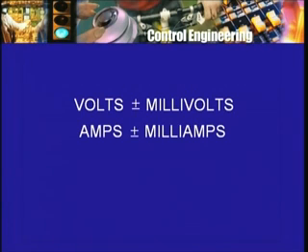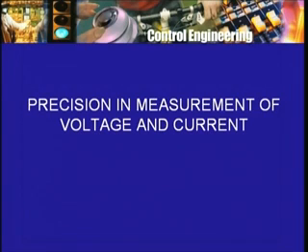So you will measure voltage, say, within 1 millivolt. The voltage will be of the order of a few volts, but within a few millivolts. Similarly, current may be of the order of 1 ampere, but within plus minus 1 milliampere. As a result, the resistance value, if you measure it this way, by finding the voltage and the current and then dividing the voltage by the current, will have its own precision.